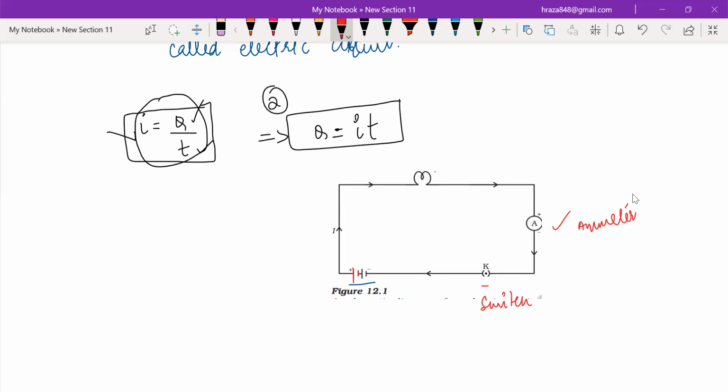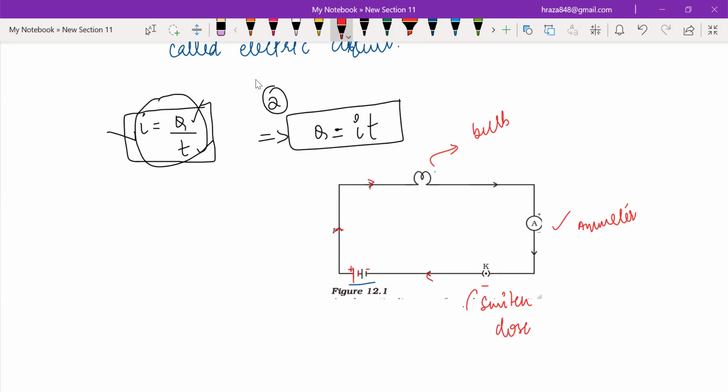It's very important to note that this is how we denote an electric bulb. If the switch is closed, then the current flows from the positive terminal of the battery to the negative terminal.